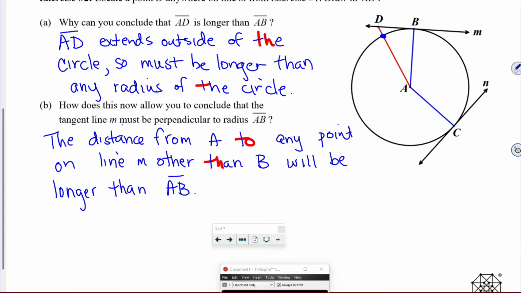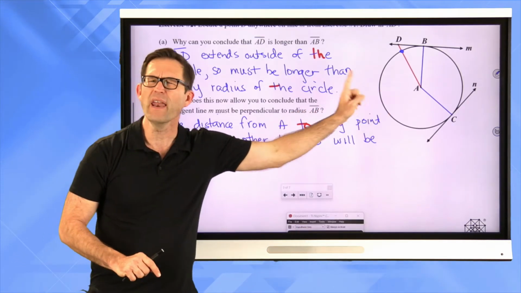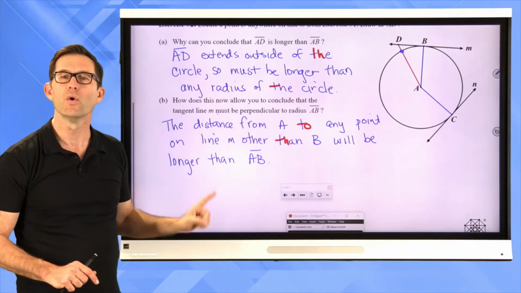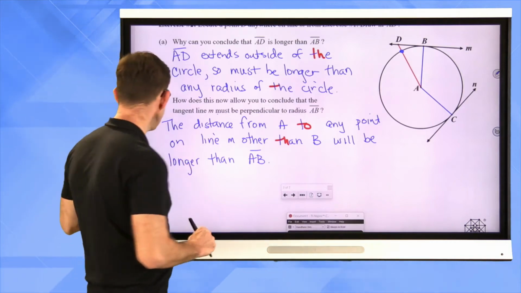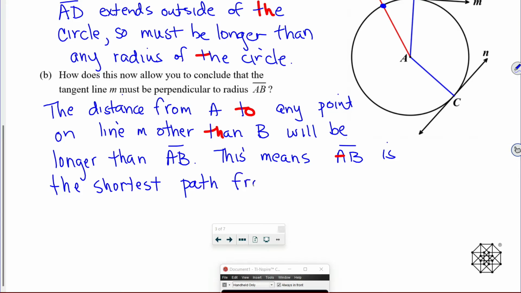That's what we just established in A. So the distance from A to any point on line M other than B will be longer than AB. But that means by default, this means AB is the shortest path from point A to line M.